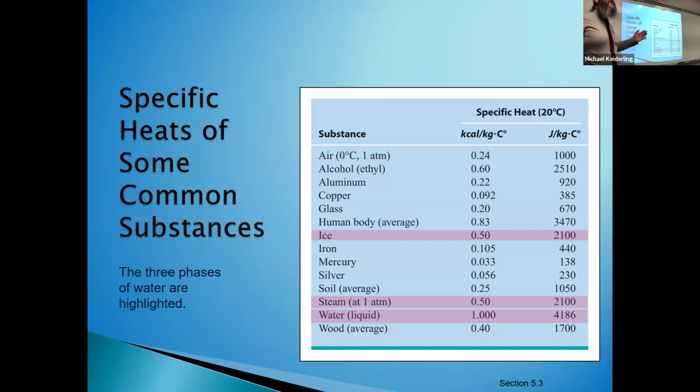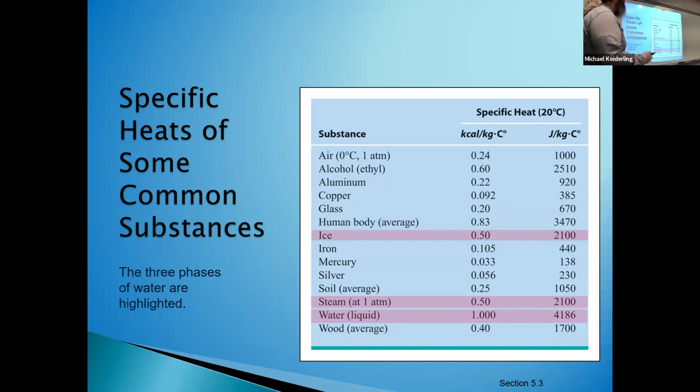And water has a specific heat of 1. Water has the highest specific heat of anything in this table. And then wood is about 0.4. So for the same amount of mass, water is one of the most efficient ways you can store heat.